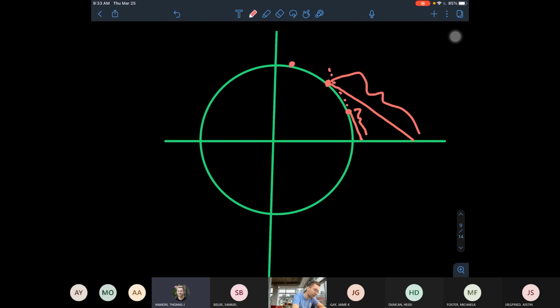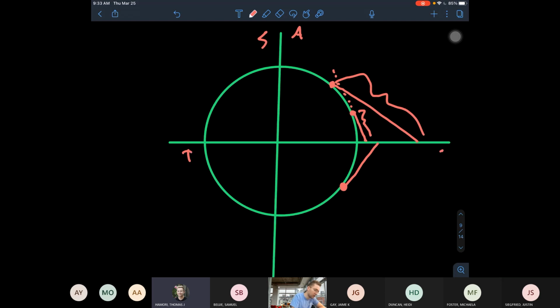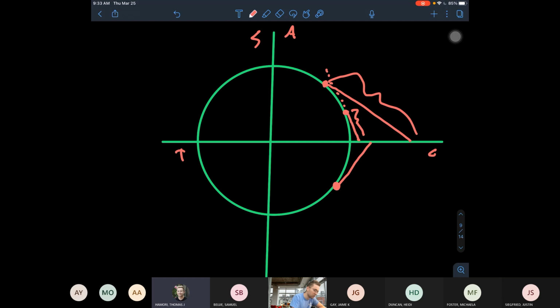Or if we get up real far, then it'll be really, really long, right? And so on and so forth. That's the other way we can think about tangent. And then we think about points down here in this region as having sort of a negative. We know we have ASTC, so we know that tangent should be negative in this region. So we just measure this length and then make it negative, and that's what the tangent is.